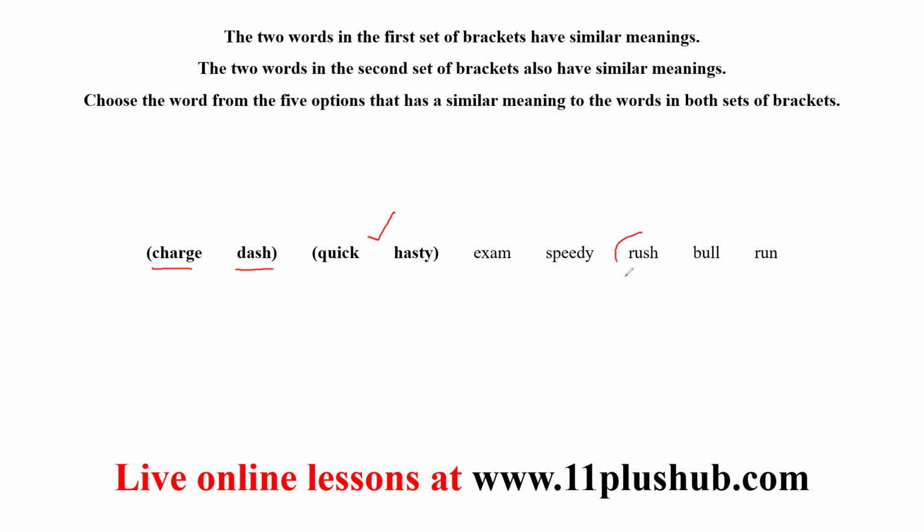So the word rush has the same definition as these two words and as these two words, albeit with different contexts. That's the important thing here. We need to think about words with different contexts and different situations. We need to appreciate that the words we pick have more than one meaning, more than one definition. Make sense? Remember what I said at the start, guys. It's a bit tricky, this one, but it will get easier. Let's take a look at the next one.